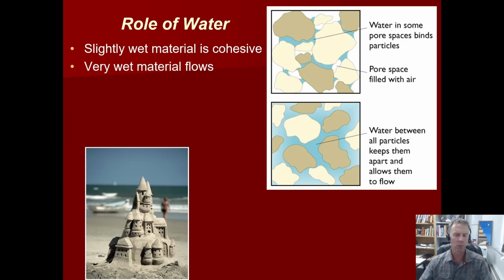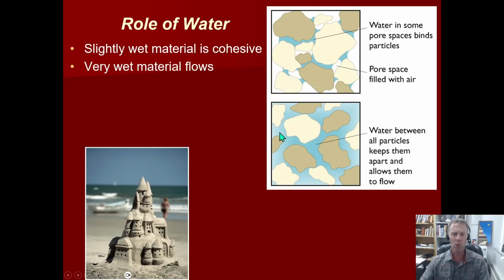We've seen the role of water a little bit, but just to put a fine point on it, we know that a slight amount of water in sediment will allow it to be cohesive. So water actually acts as a bit of a glue or cohesive material holding the particles together in small quantities.